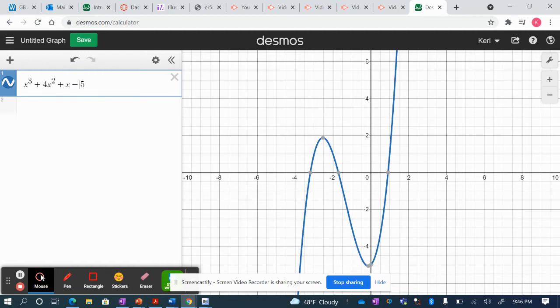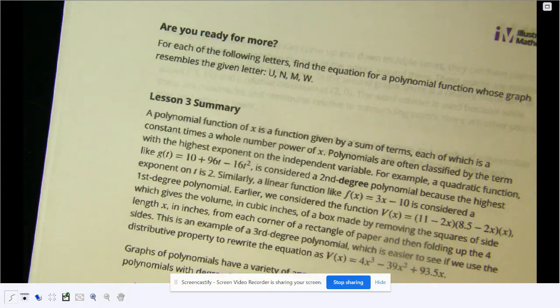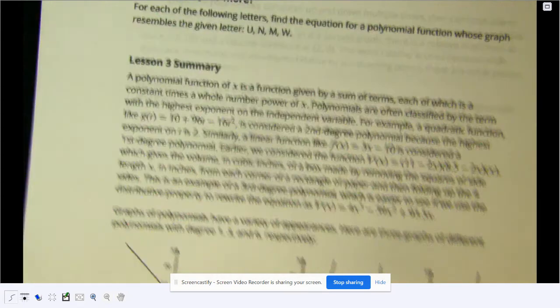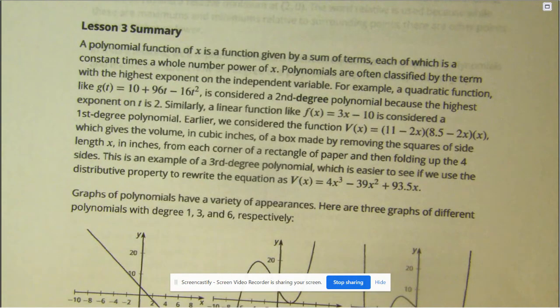Okay, so I'm going to go over the lesson summary page real quick. It says a polynomial function of x is a function given by a sum of terms. Like that problem in lesson 2 where you were adding up all the money, all those different terms were being added up, each of which is a constant times a whole number power of x.